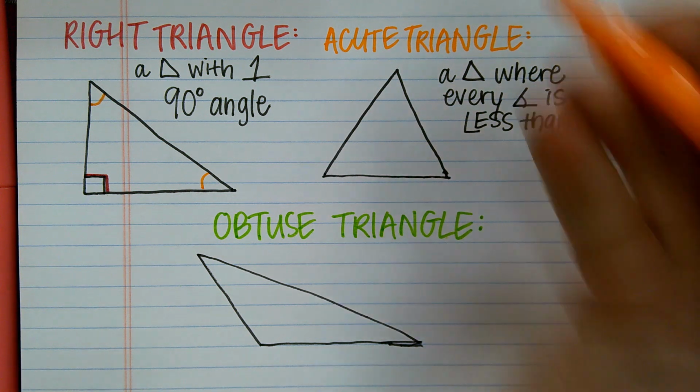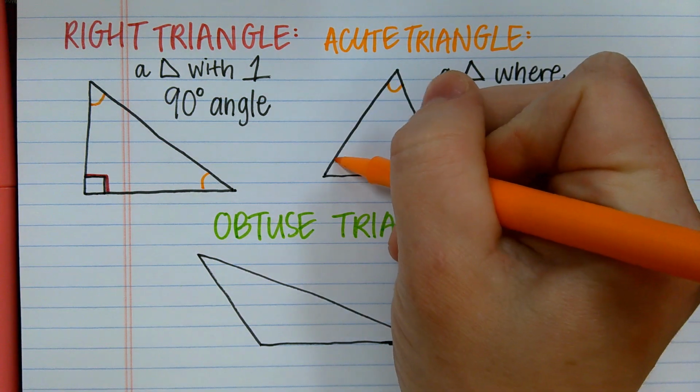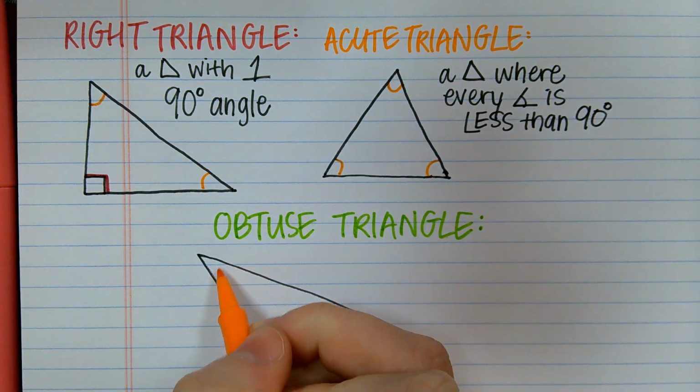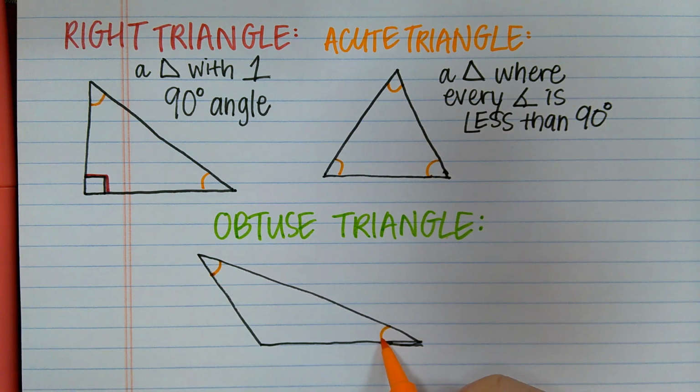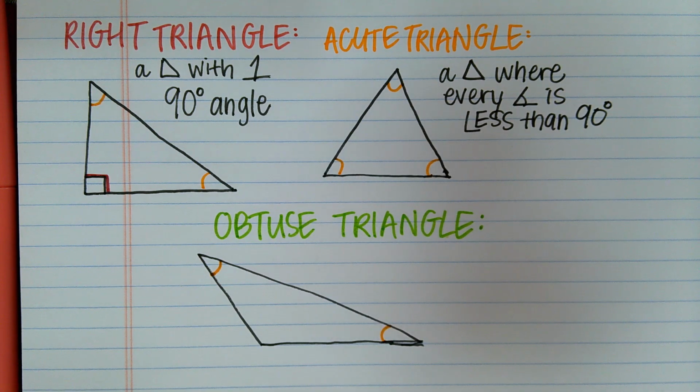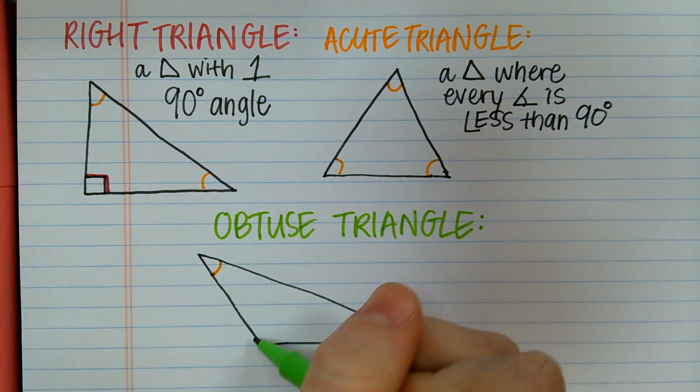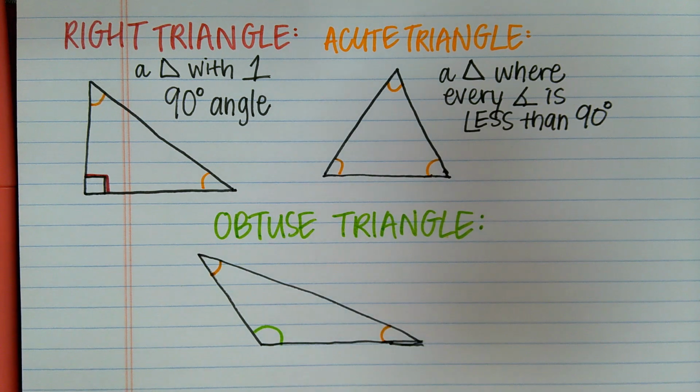An obtuse triangle is a triangle with one angle that is bigger than 90 degrees.